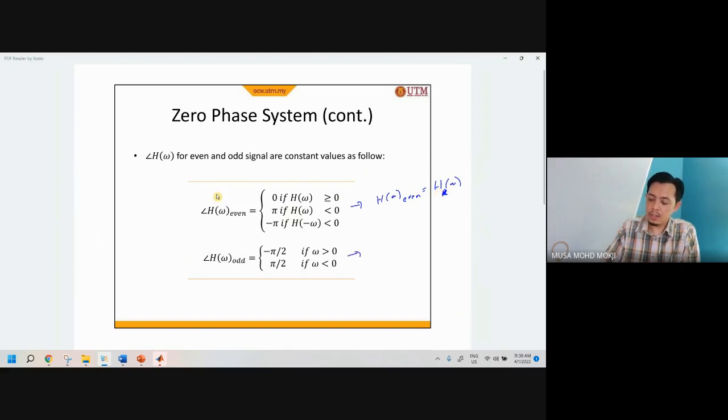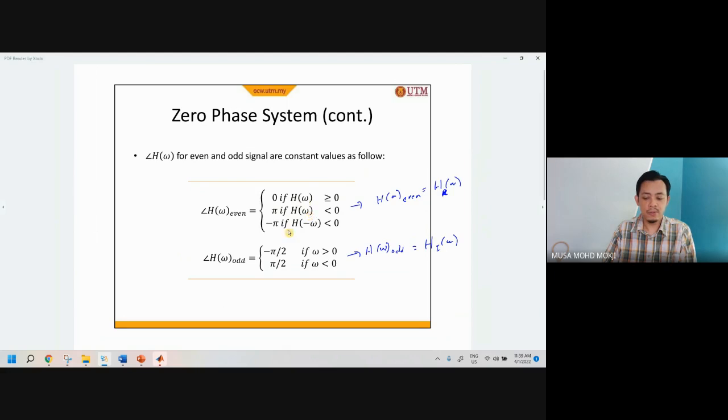And oppositely, H omega odd, you should have the imaginary only. Okay, and the real part is actually 0. Because you only have one component only, one is only real, another one is only imaginary. So actually you are having a fixed phase response.